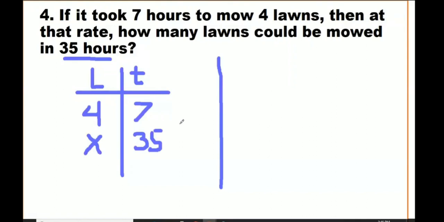To solve with the table method, you're going to find the scale factor in the row that is complete, the row that has the two data. So if we divide 7 by 4, I'll just write here 7 divided by 4.